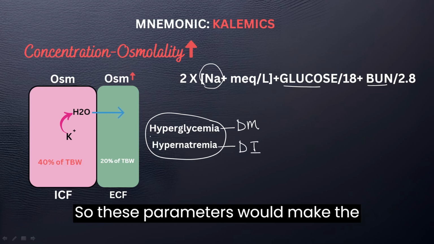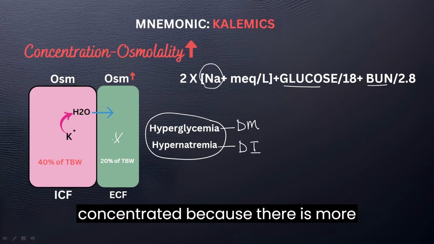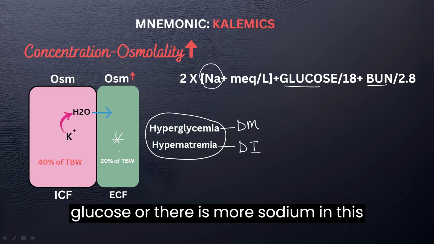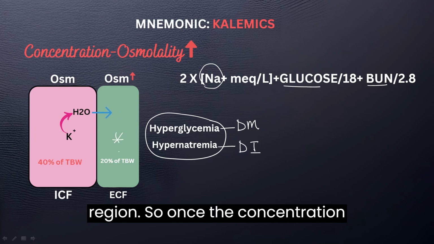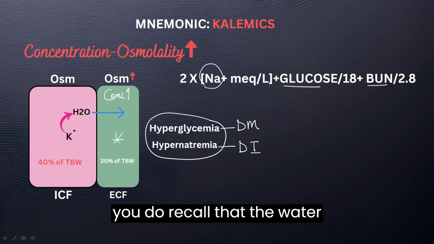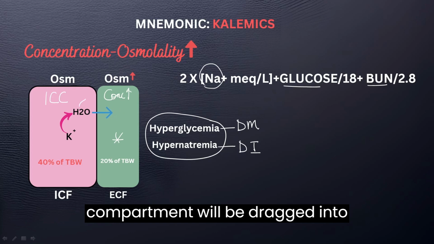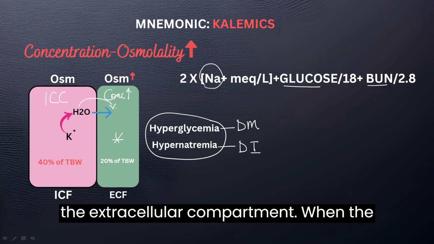So these parameters would make the extracellular compartment very concentrated because there is more glucose or more sodium in this region. So once the concentration here increases, you do recall that the water in the intracellular compartment will be dragged into the extracellular compartment.